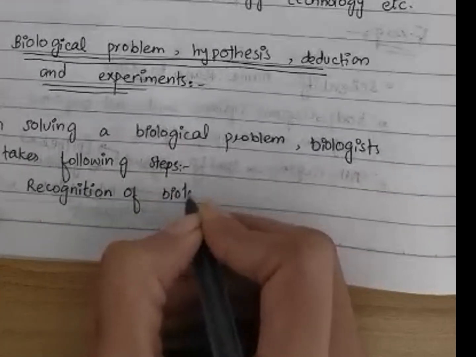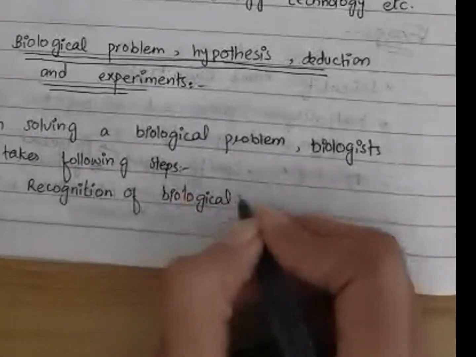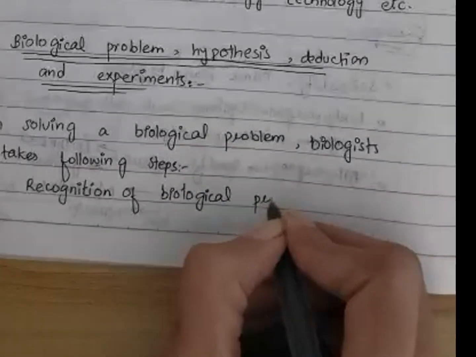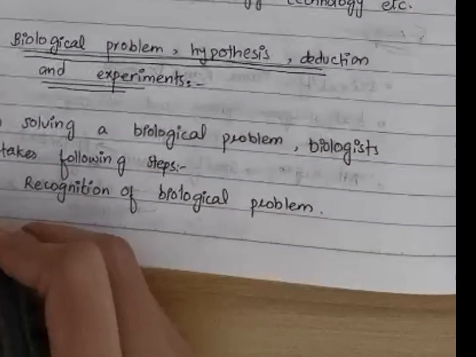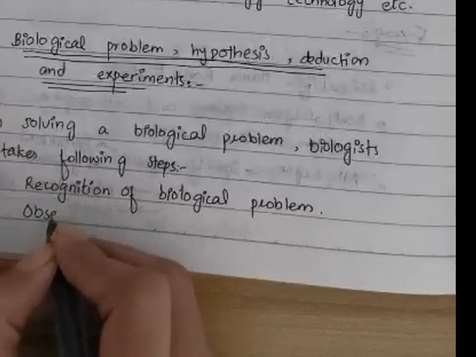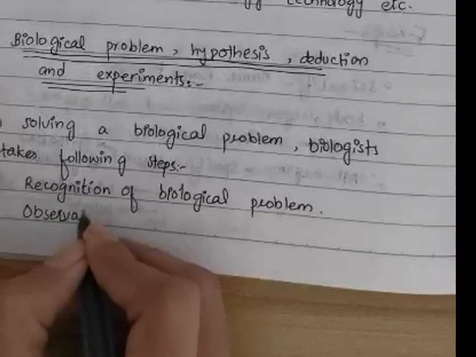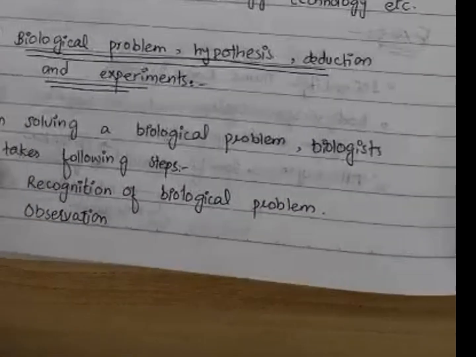If you have a biological problem, first recognize it. Second step is the observation. If you have a problem, you first recognize it and then you observe it.